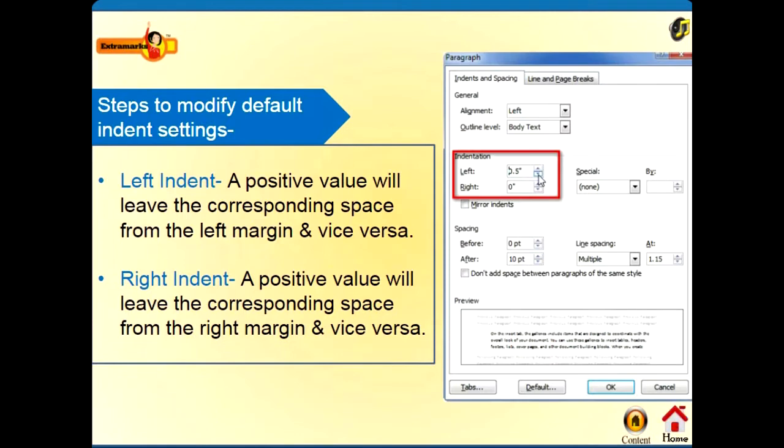To change the indent, click on paragraph, and over there you will find the left indent and the right indent. The positive value will leave the corresponding space from the left margin, and similarly for the right indent, the positive value will leave the corresponding space from the right margin.